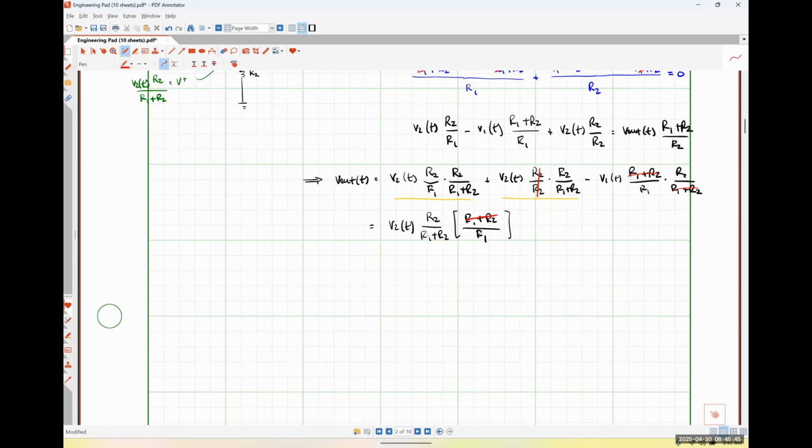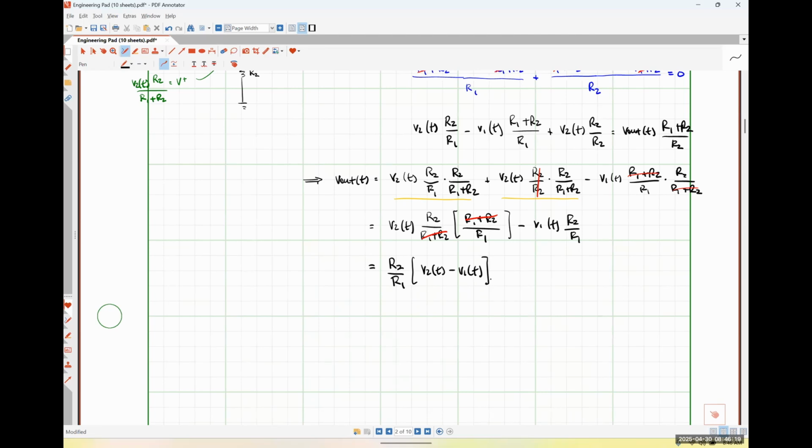And we can see that this guy cancels this guy. And now I have minus V1 times a factor of R2 over R1. And finally, sorry this took so many steps, we see that we actually have R2 divided by R1 multiplied by V2 minus V1 as our output voltage.